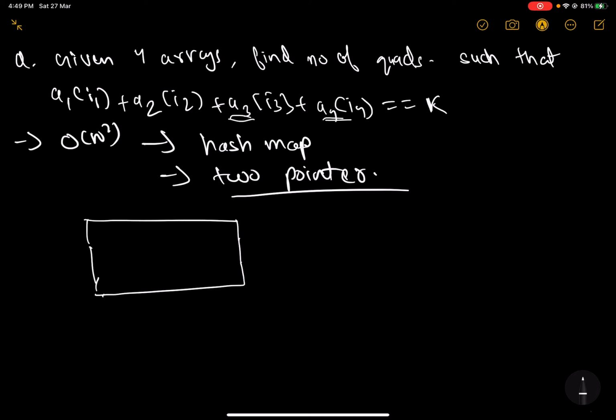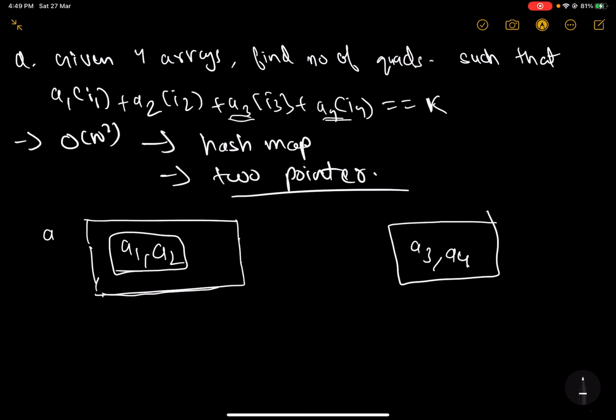So in this case I'm going to segregate the arrays into two equal halves. That is, I'm going to separate arrays a1 and a2 in a single box, and I'm going to separate arrays a3 and a4 in a different box. Now for the first two arrays a1 and a2, let's have a look at them separately.